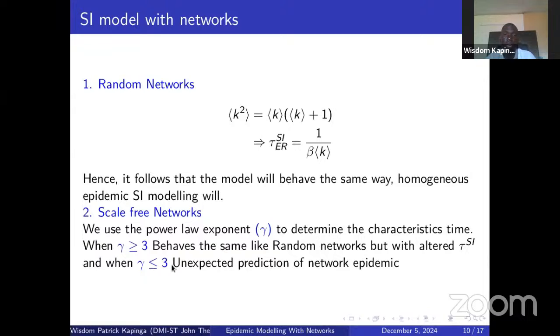So you cannot predict when gamma, which is the power law exponent, is less than 3. So again, when you look at the SI model with networks and you want to predict, it depends on the nature of your networks.